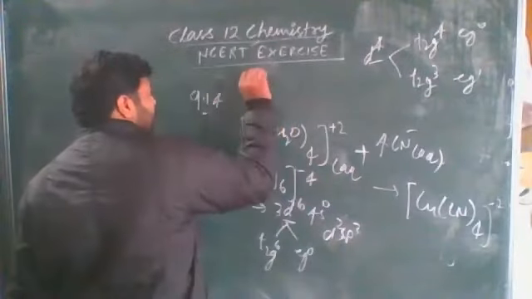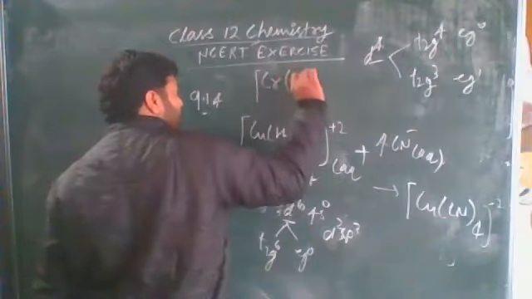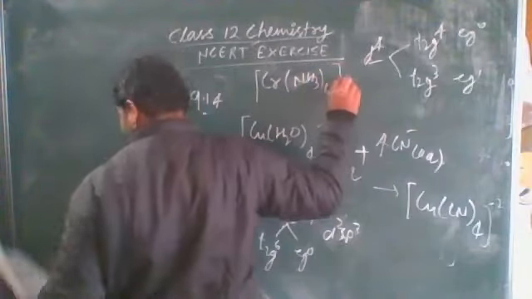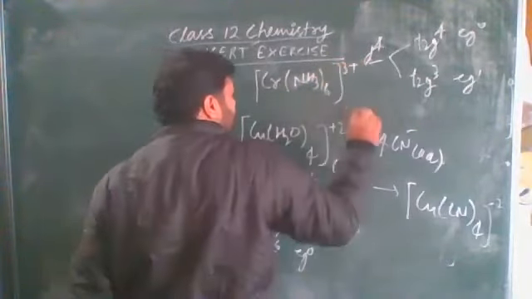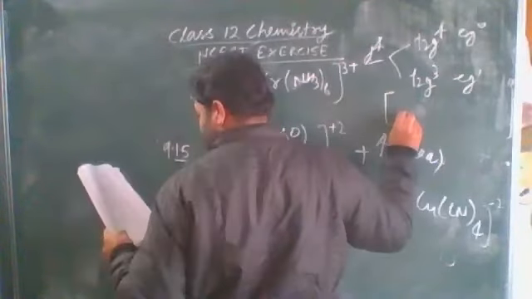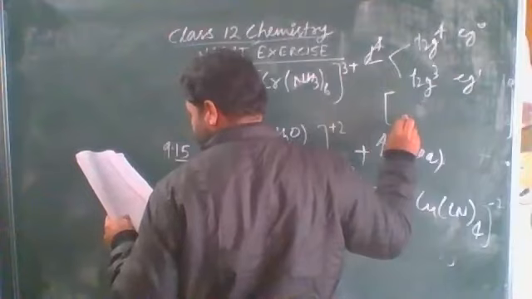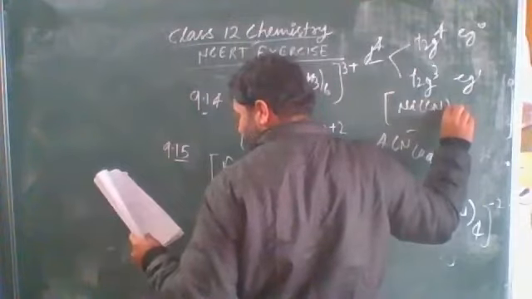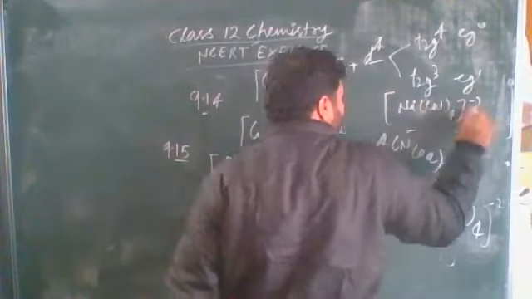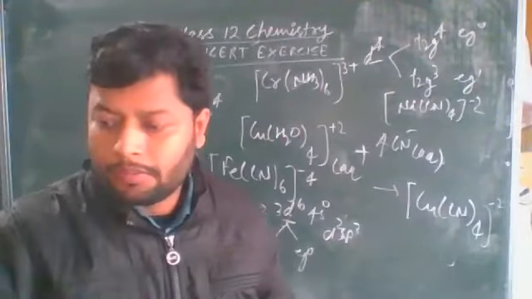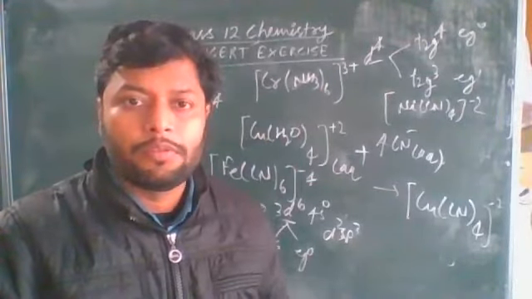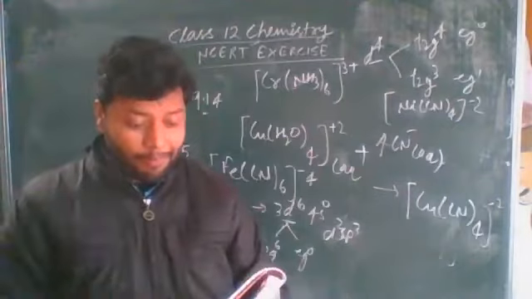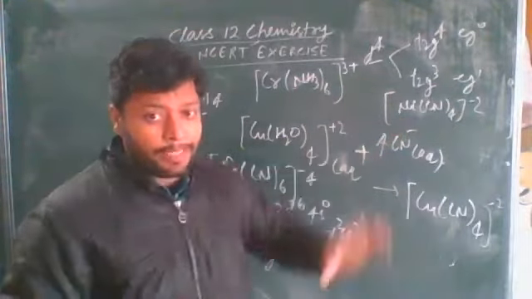So look at the possibility. Students, see first: this complex given here is paramagnetic, while this one is diamagnetic.